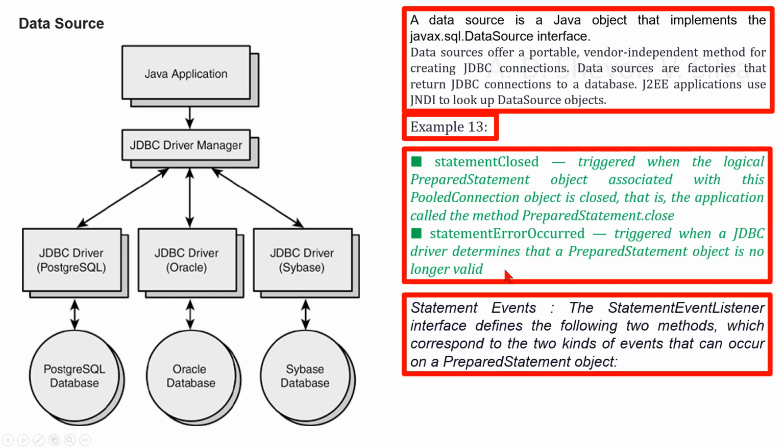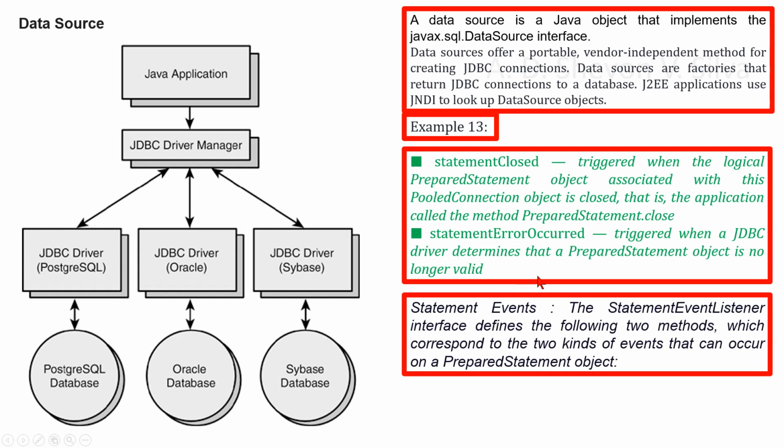Now we are considering statement events. The StatementEventListener interface defines the following two methods, which correspond to the kinds of events that can occur on a prepared statement object. The statementClosed event is triggered when the logical prepared statement object associated with this PooledConnection object is closed, that is, an application called the method preparedStatement.close. The statementErrorOccurred event is triggered when the JDBC driver determines that the prepared statement object is no longer valid.